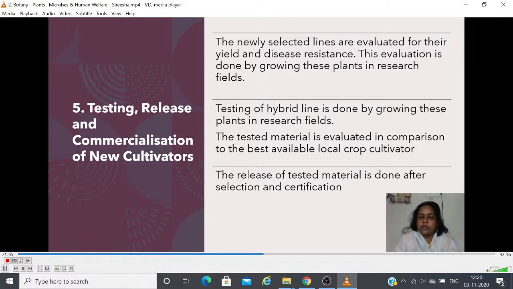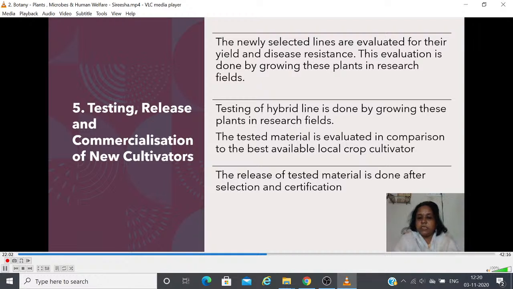Over so many generations, they will check that these plants are maintaining the same homozygosity, and that the variety is perfect. And this complete research on these hybrids is done in the research fields.